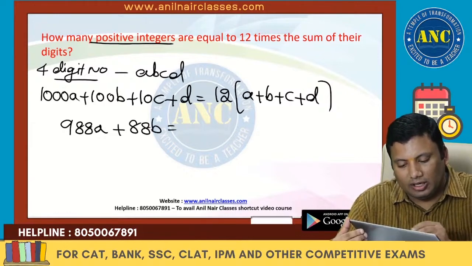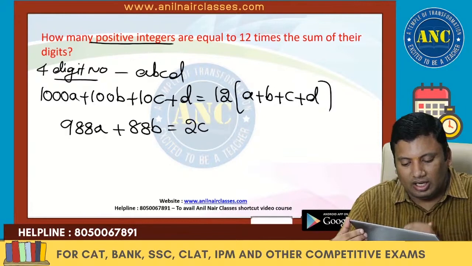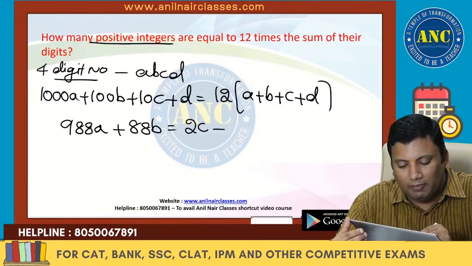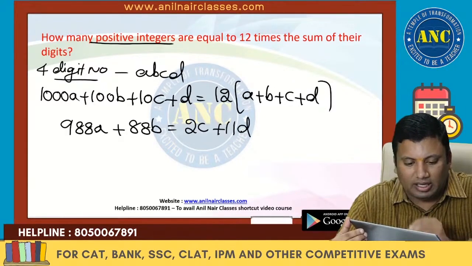This is nothing but 12C minus 10C, it is 2C. 12D minus D, which is nothing but 11D.